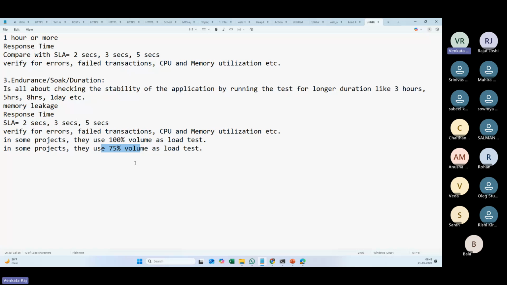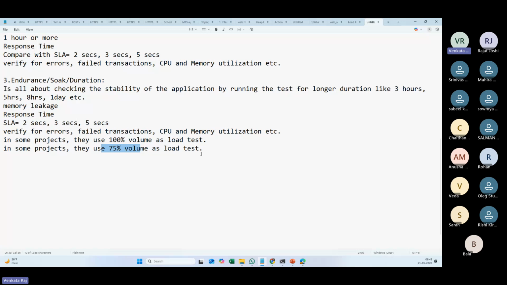There is nothing wrong in testing 100% volume, because I have been doing the same thing. But I have seen some projects go with 75% volume because they think that when you run the test for a longer duration, users might go up and down, right? So on average, they take like 75% of the volume. Either you go with 75 or 100, that is fine.